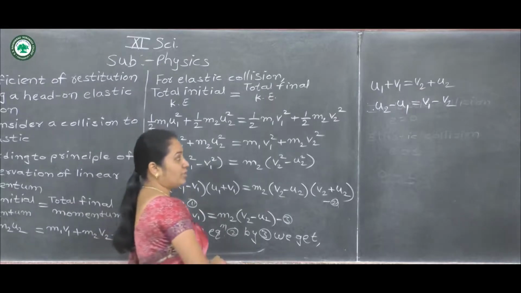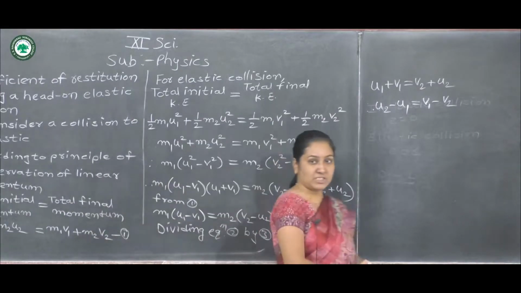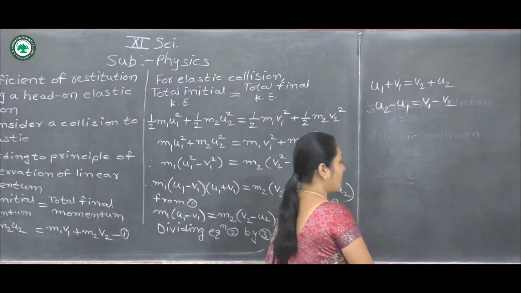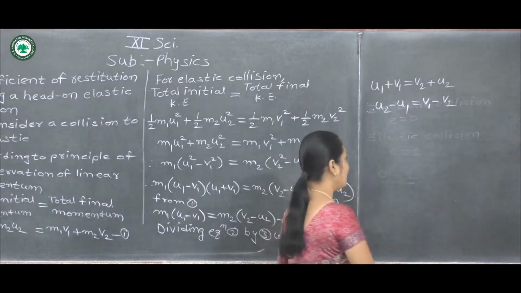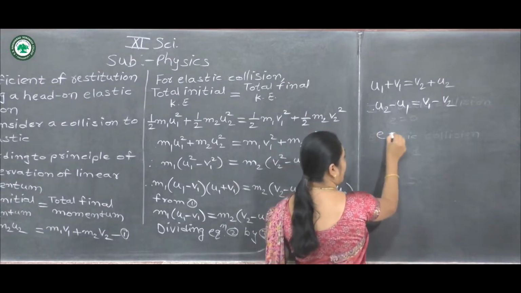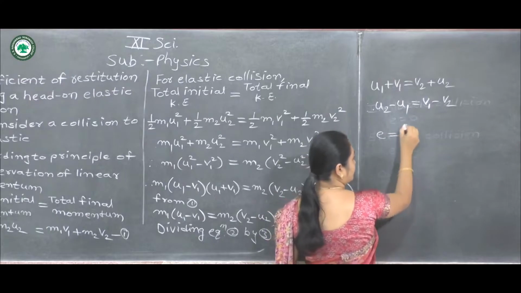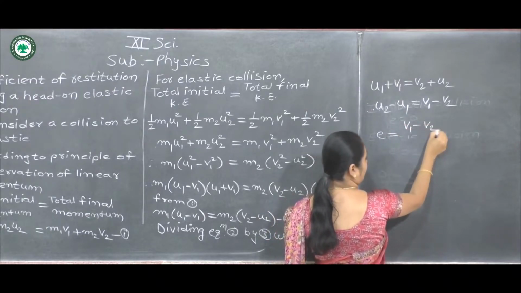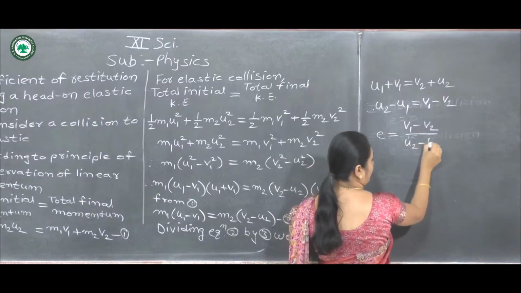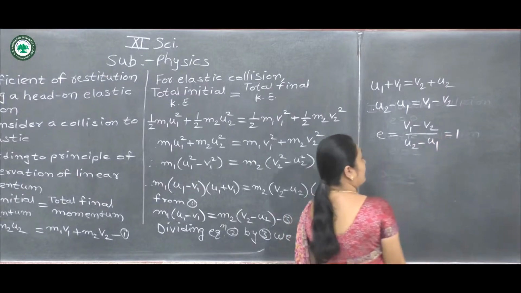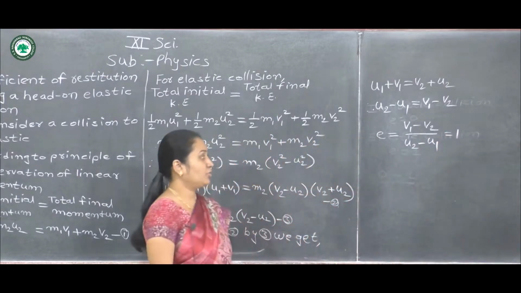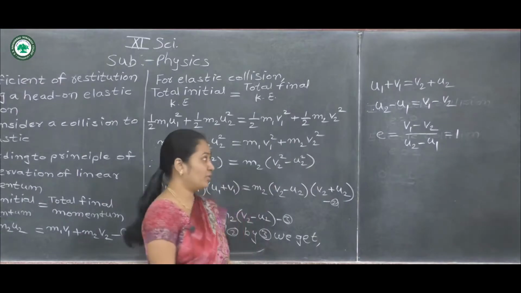Now we know that for elastic collision, the coefficient of restitution is given by the formula e equal to v1 minus v2 upon u2 minus u1, which is equal to 1.